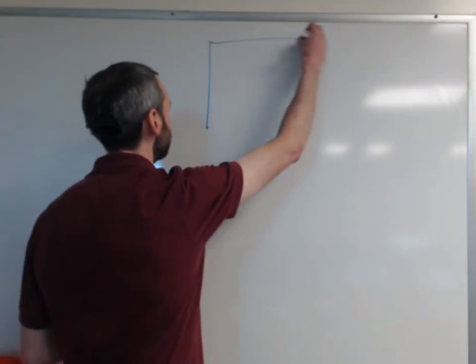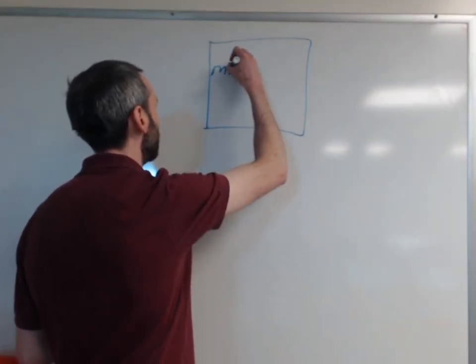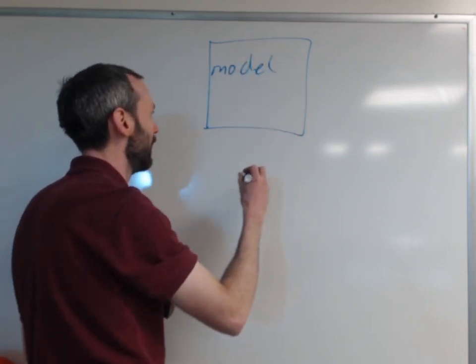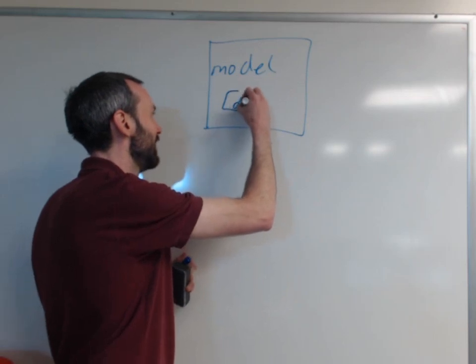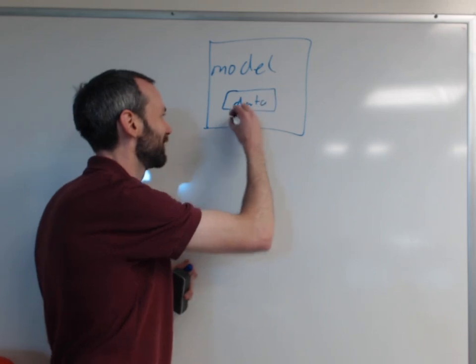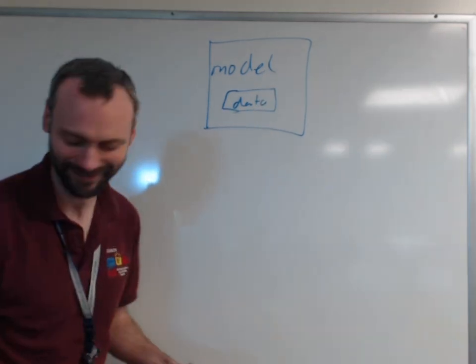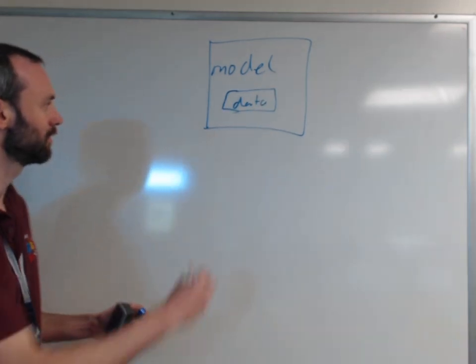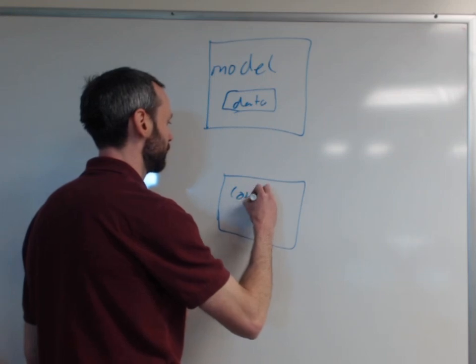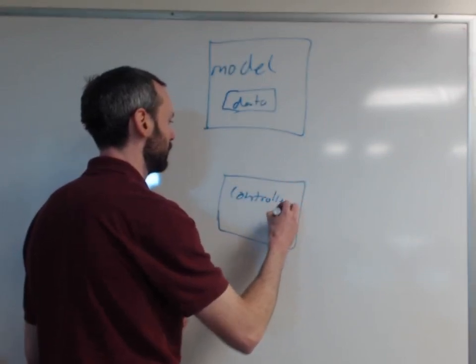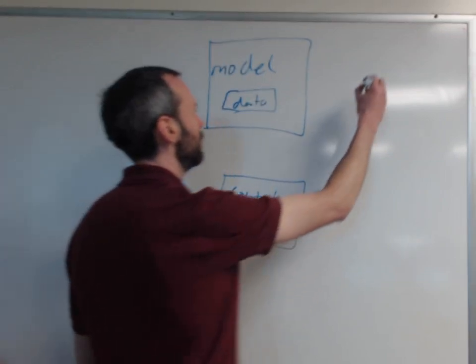So you have your model, and that may have your data. We'll just say data. Now, you may have your controller down here. And then your view would be over here.